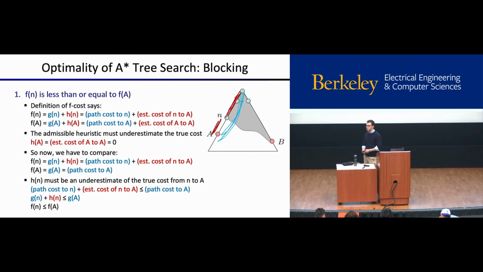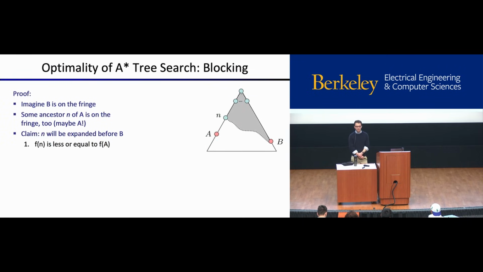That has to be an underestimate because the heuristic part is underestimating. The rest of it is the same. The actual cost of getting from the start to N is the same. N is on the path to A. So this has to be an underestimate. So that means we add these two terms together. F of N is less than F of A.